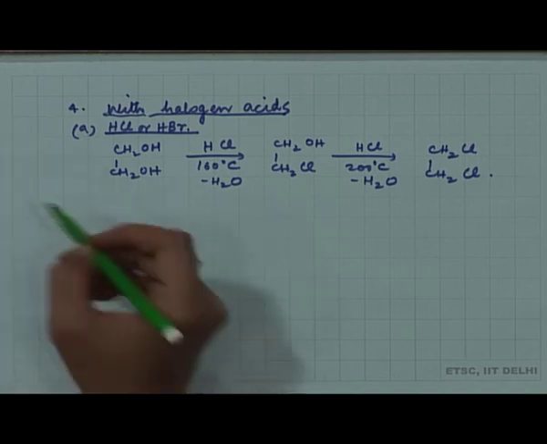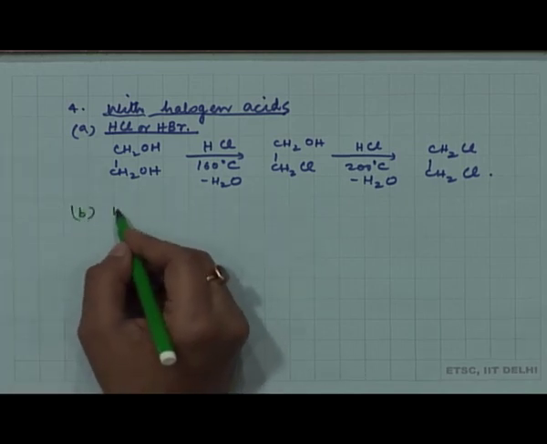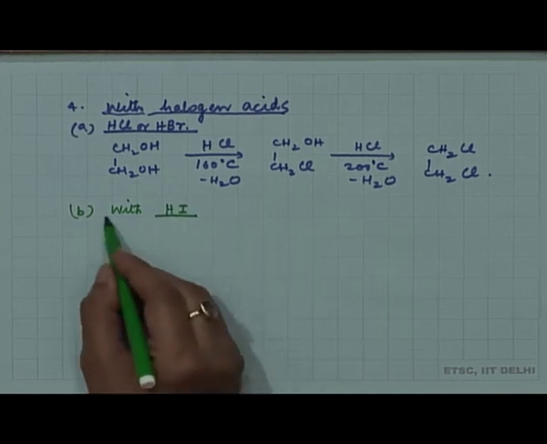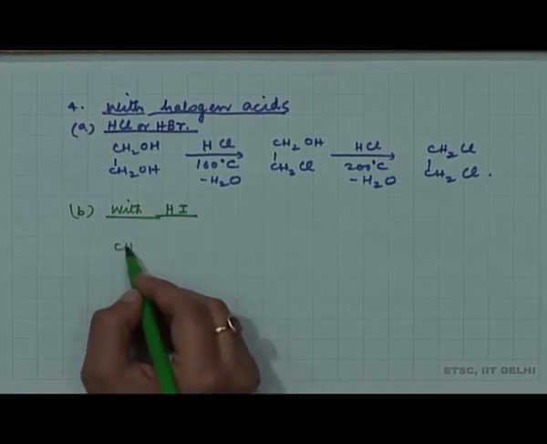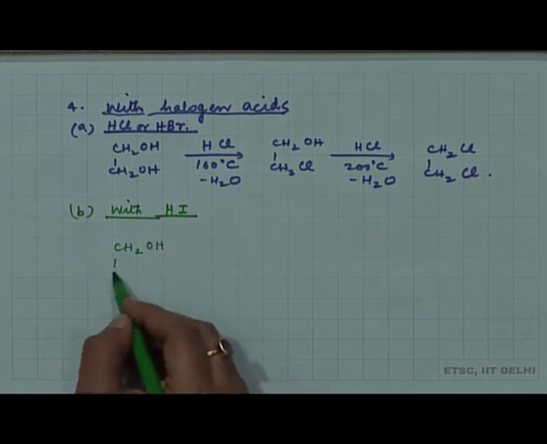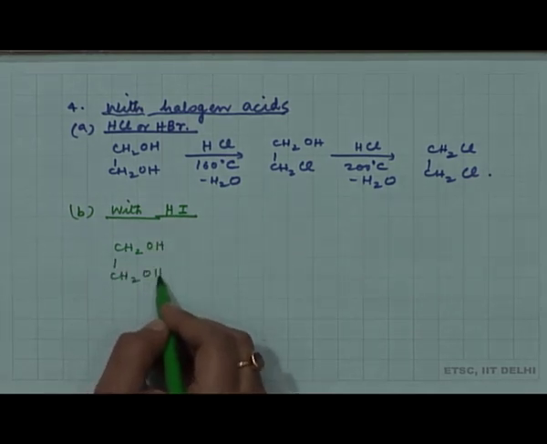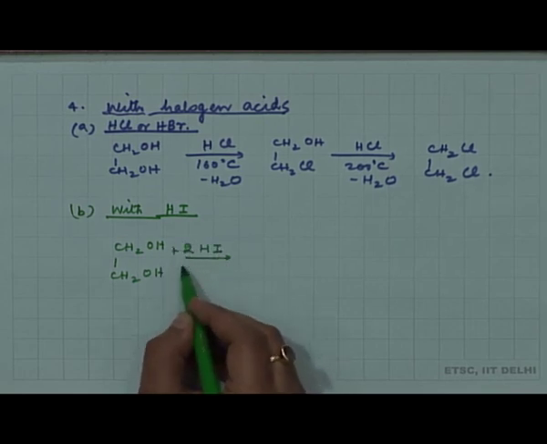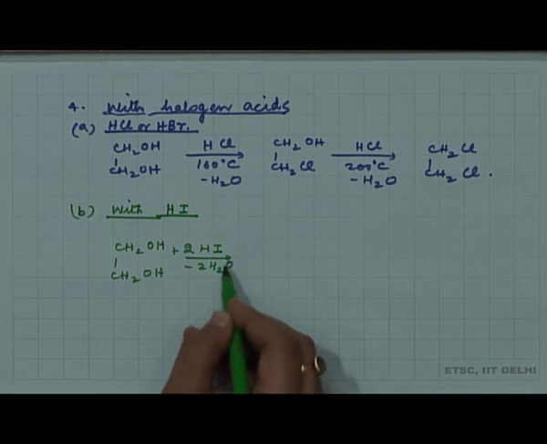But if your halogen acid is HI, then the rules are slightly different. In fact, the product is slightly different. So, you treat it with HI, so I can directly write 2 moles of HI, 2 of water lost.